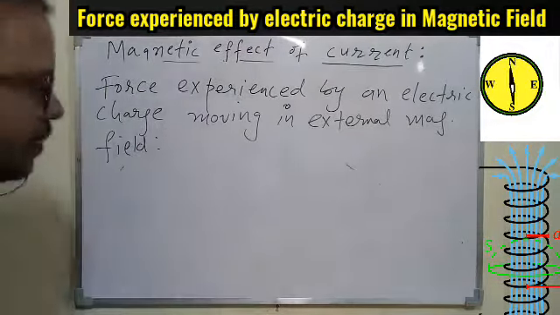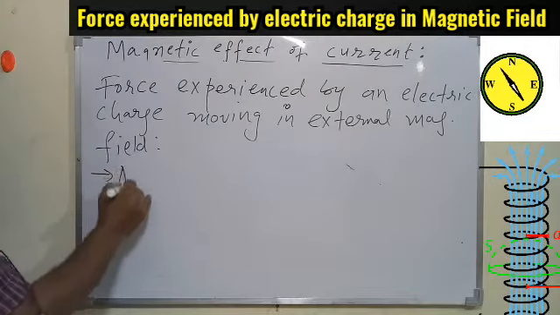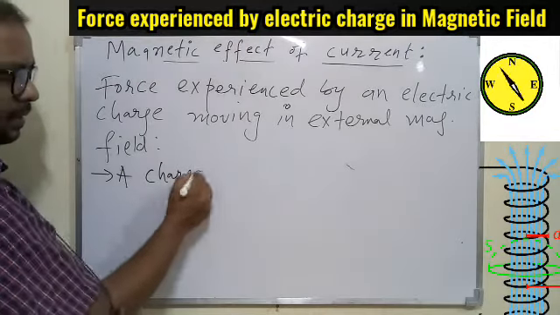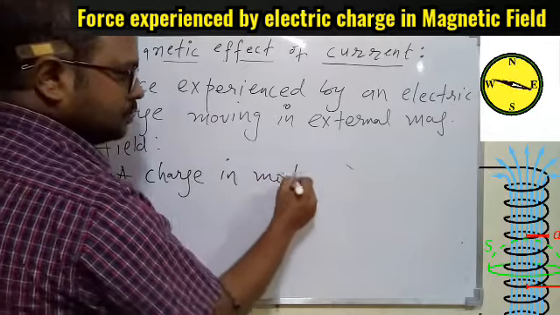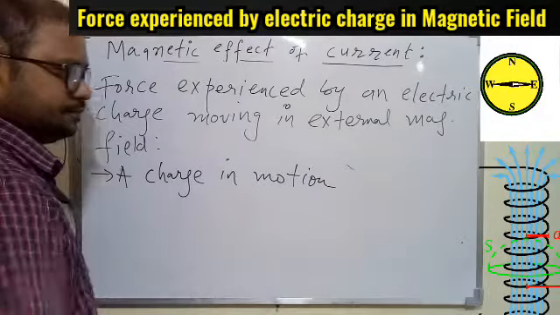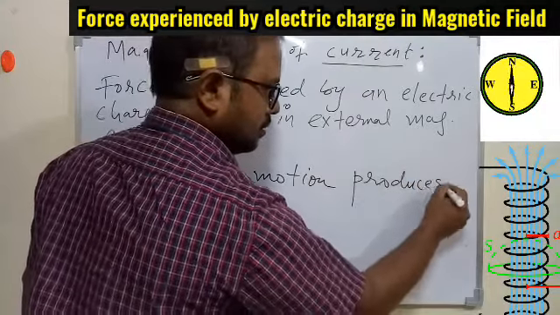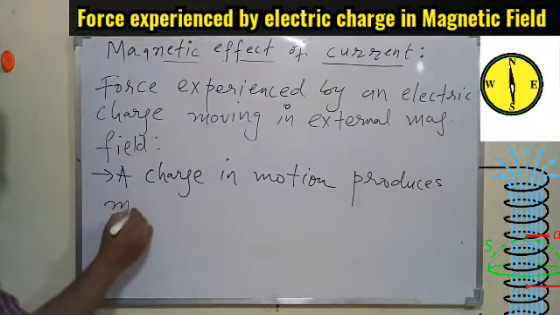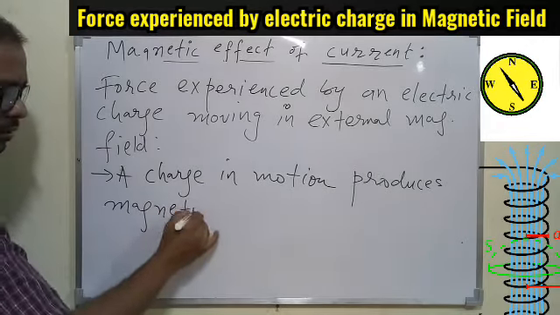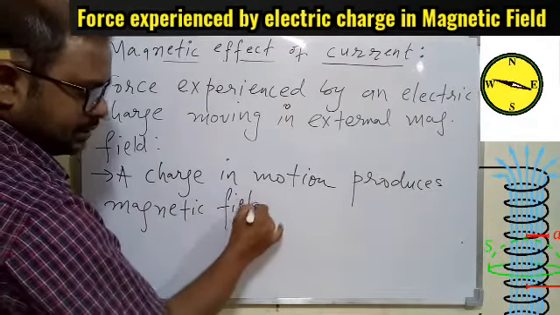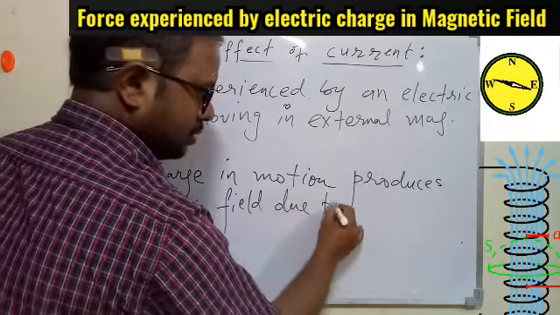I'm writing here: a charge in motion produces a magnetic field due to current.